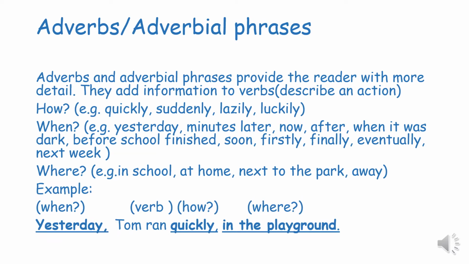So for example, when would be yesterday. The verb being ran, because a verb describes an action. And then the how after that will be quickly, and the where is in the playground.